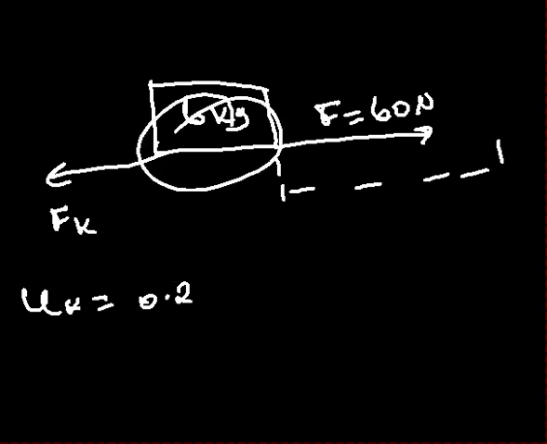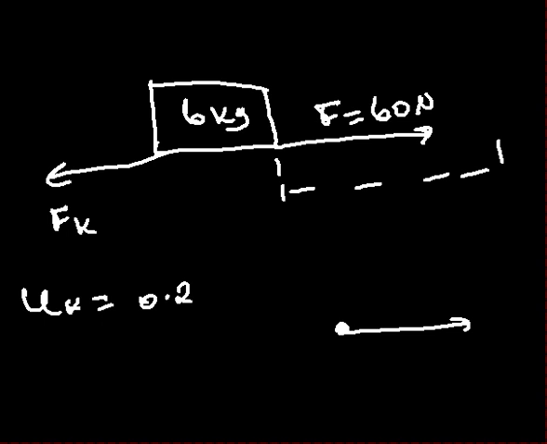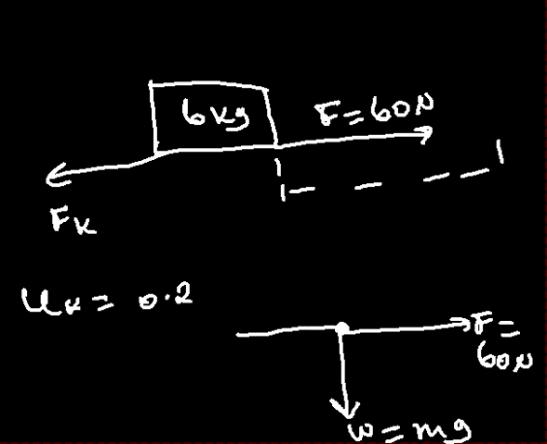Looking at the case that we have here, we have to analyze all the forces acting on the system, and basically present the free body diagram. We have the force applied, F equal to 60 newtons, and the weight of the object pointing downwards, which is mg, and the kinetic friction force Fk opposing the motion.